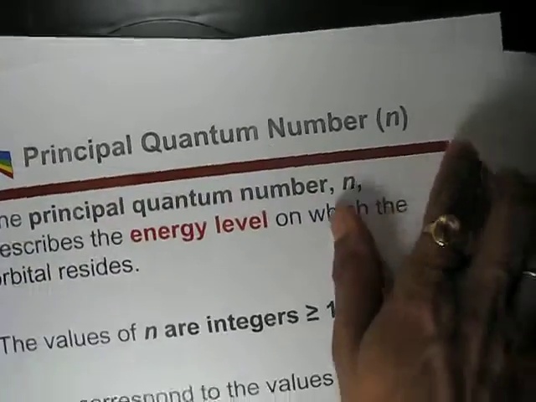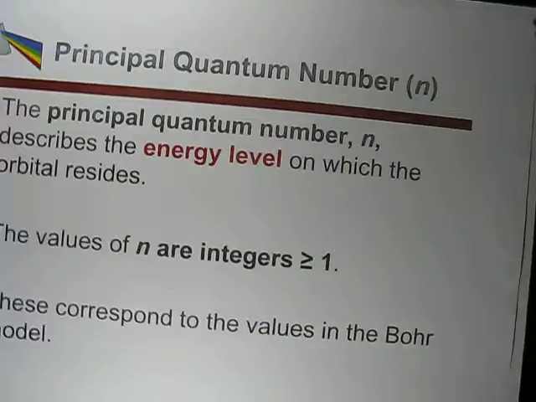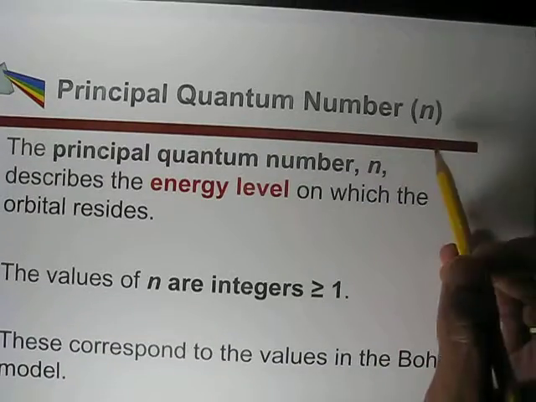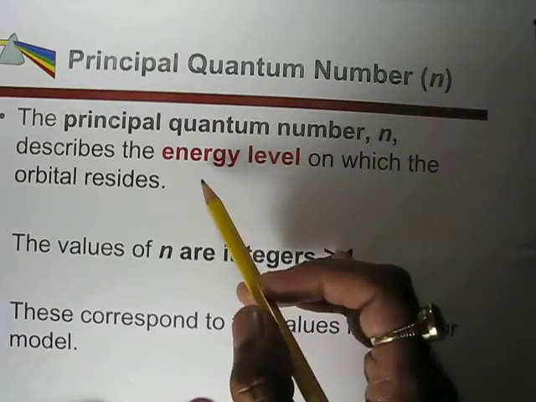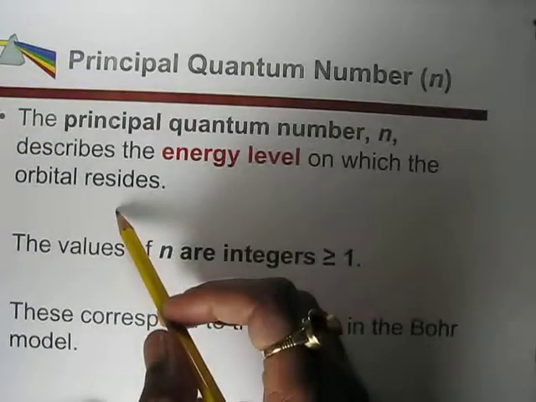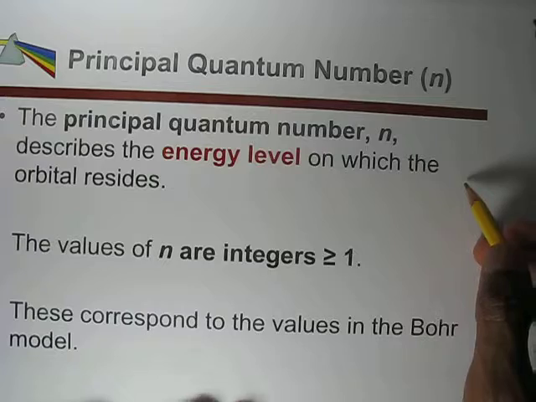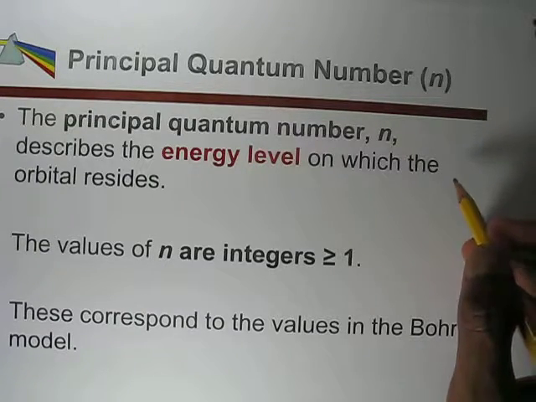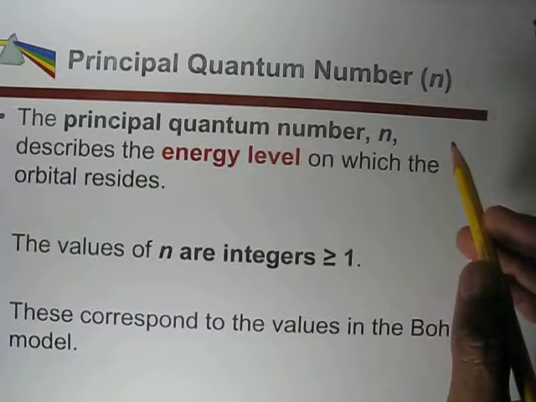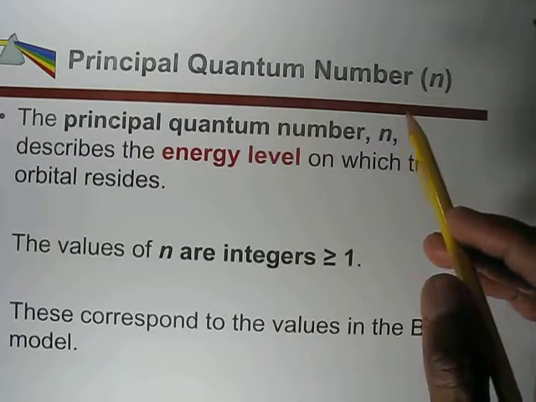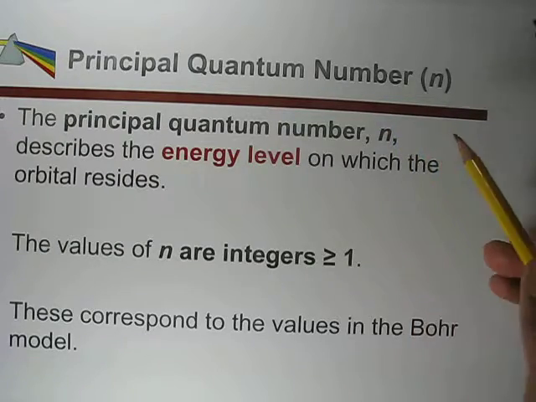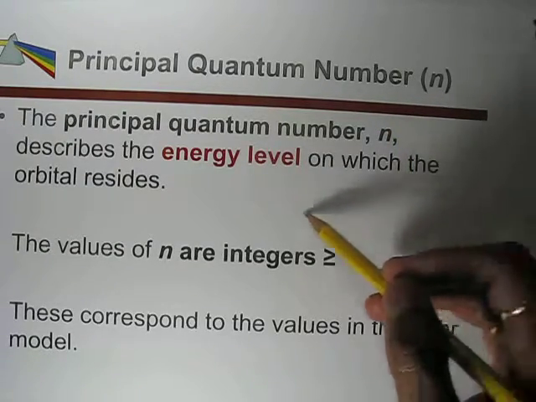The first quantum number is the principal quantum number, which is represented by small n. The principal quantum number small n describes the energy level on which the orbital resides. You can compare these quantum numbers to an address of the electron, where the electron will reside.